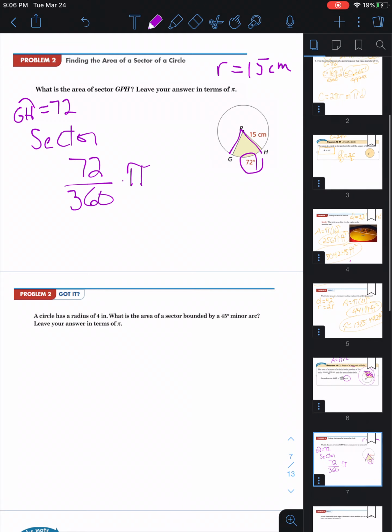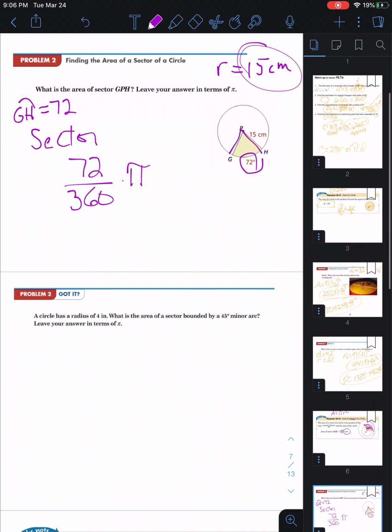R, we said, was 15. So that would be pi times 15 squared, or 225 pi. 72 over 360 is 0.2, or 1/5.